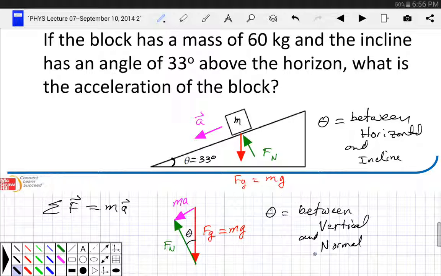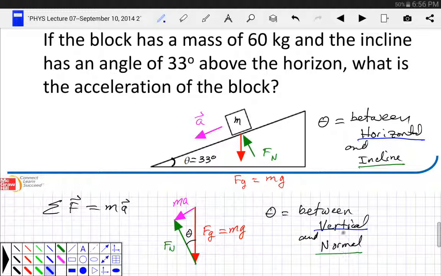Now in two dimensions, normal is perpendicular to the incline, whereas horizontal is perpendicular to vertical. So this is the angle between those two, horizontal and incline.